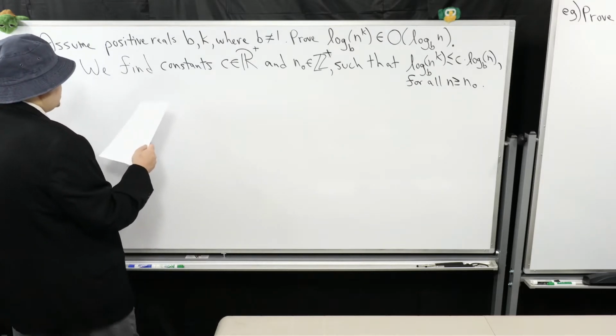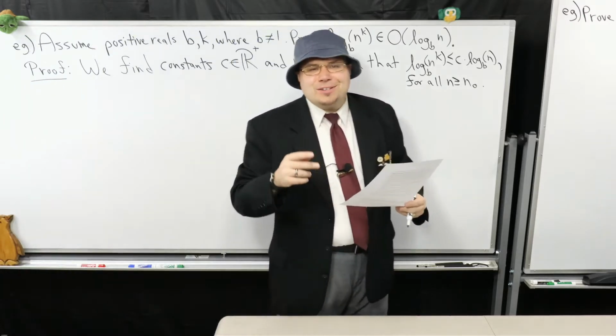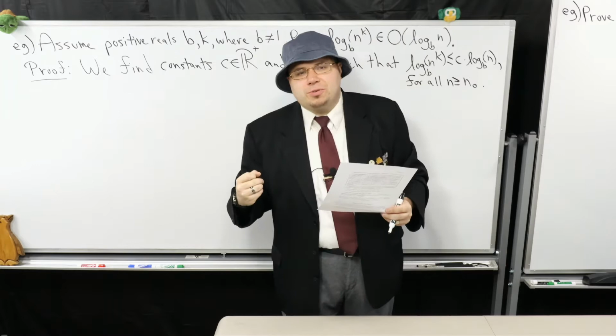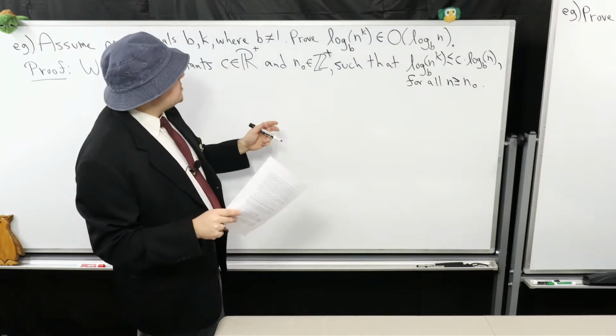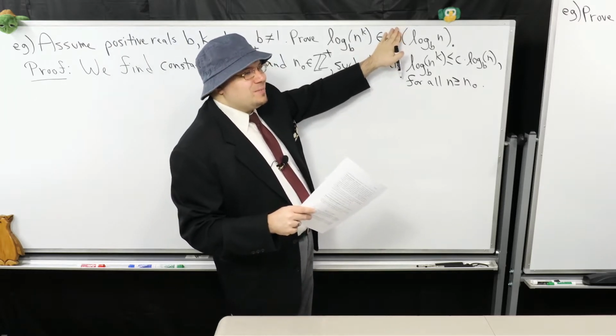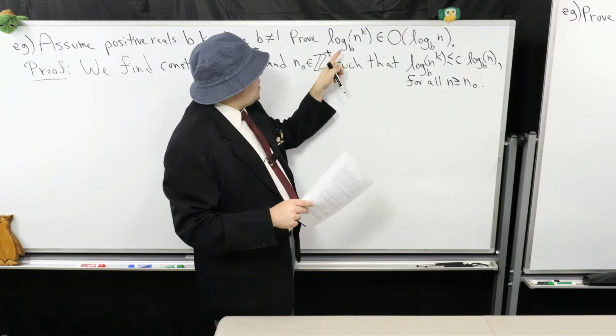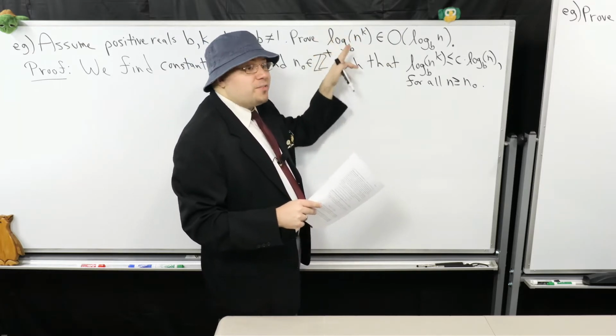So what are we going to do? Here's the trick. This is where I want you to come back to the thing I just explained to you previously, and this comes down to the power rule of logarithms. Imagine if I pretended this big O wasn't here, and I just wrote this left part.